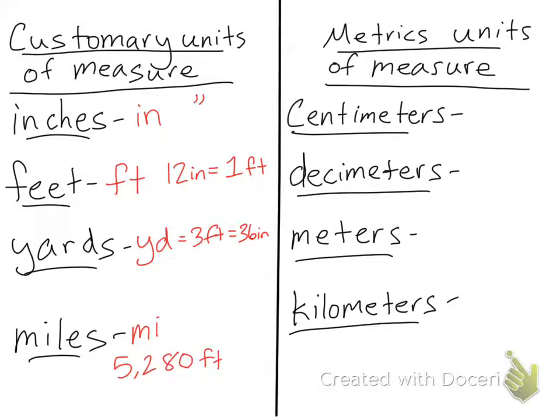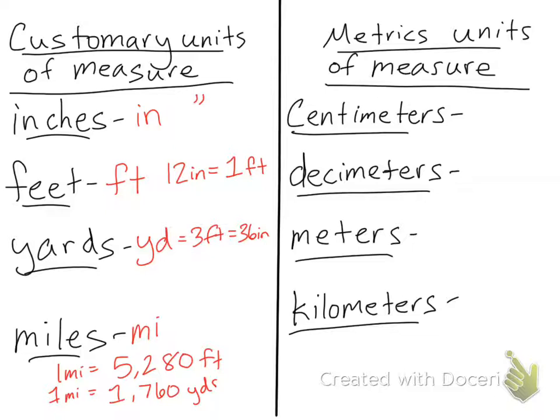I would not want to measure that with a ruler. So 1 mile equals 5,280 feet. That means there are 1,760 yards in 1 mile. So remember, all of these units are called customary units.